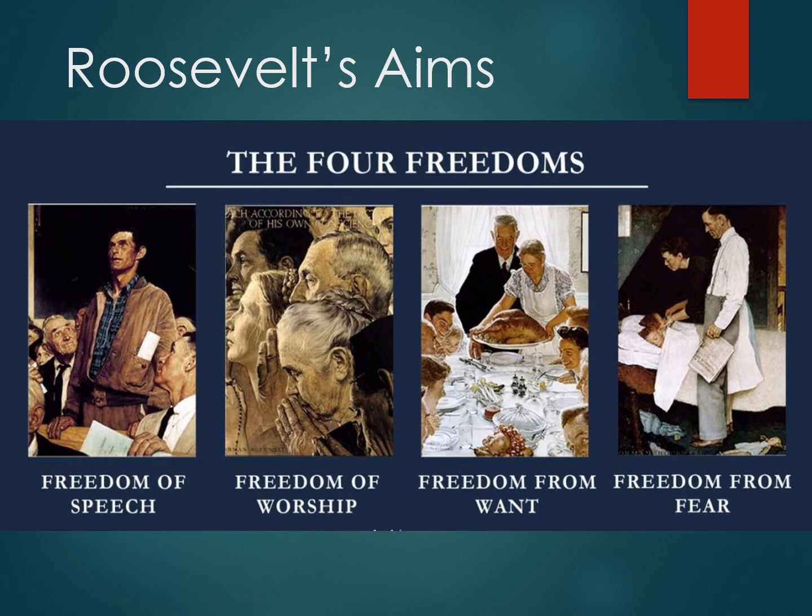In this speech, he really laid out his vision for what the world should look like after the end of the war, one in which all people around the world universally should be guaranteed these four freedoms: the freedom of speech, the freedom of worship, the freedom from want, and the freedom from fear.